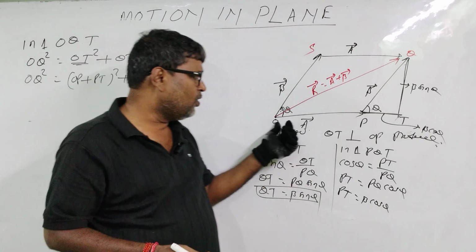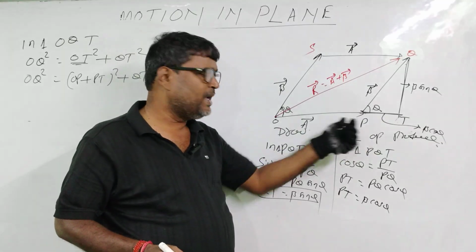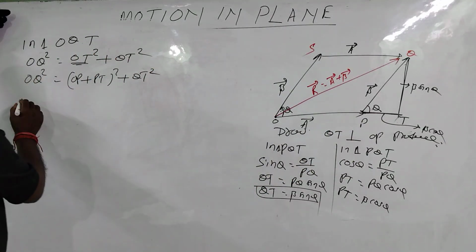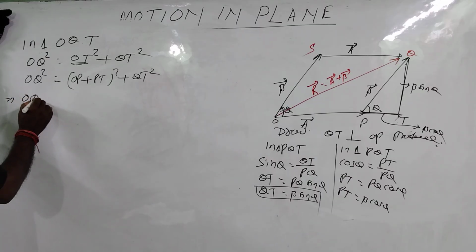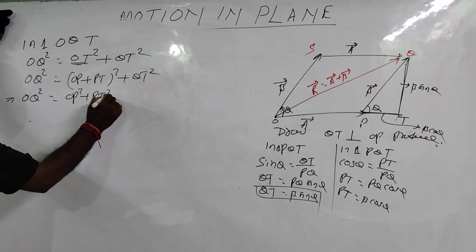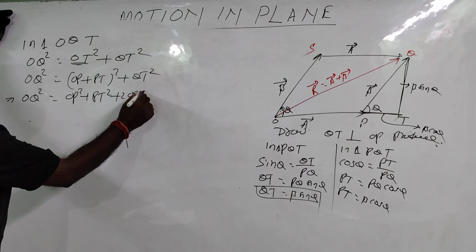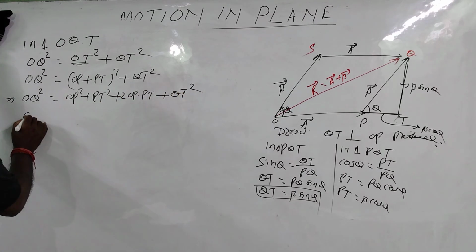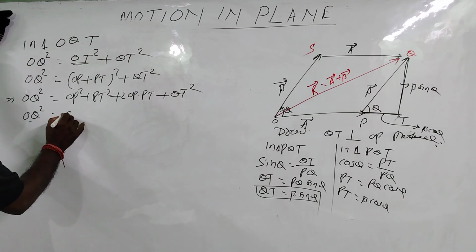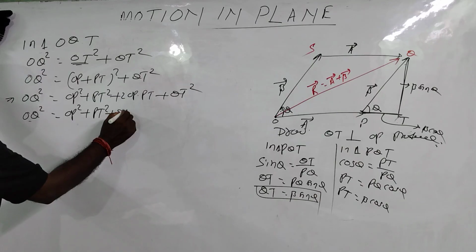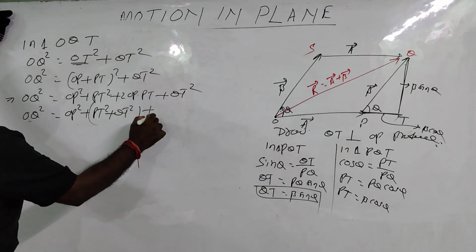Expanding, OQ square equals OP square plus PT square plus 2 OP times PT plus QT square.